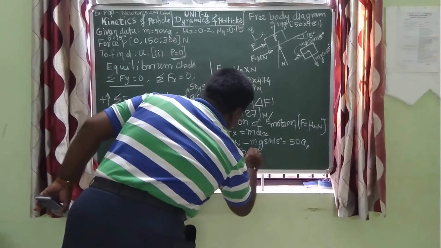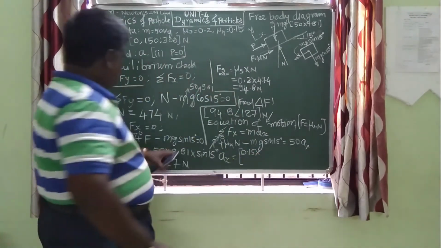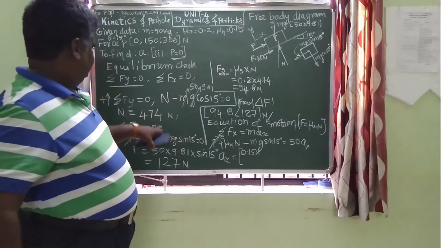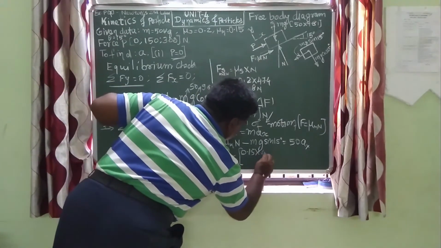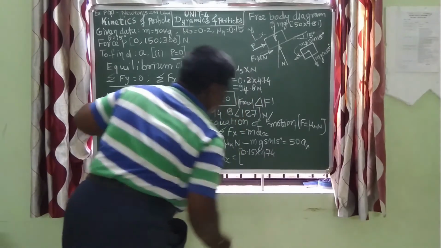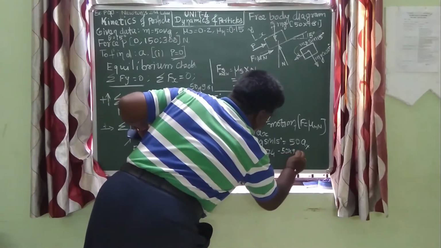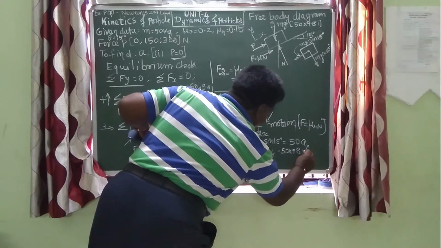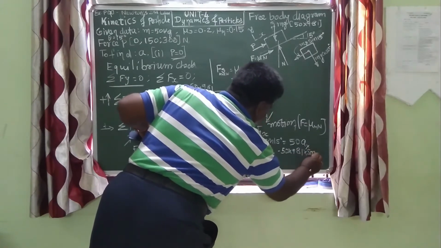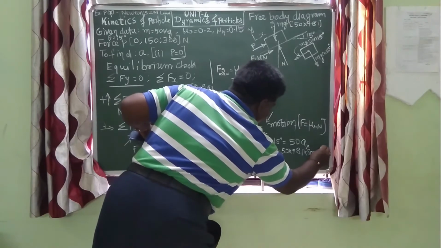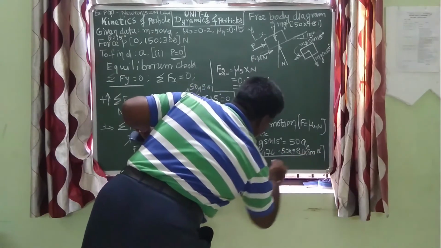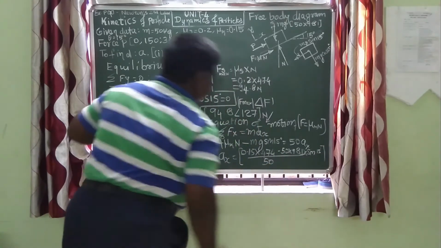That is 0.15 into reaction force, 474, minus 50 into 9.81 into sin 15 degree, divided by 50.